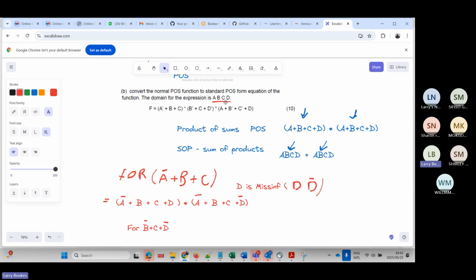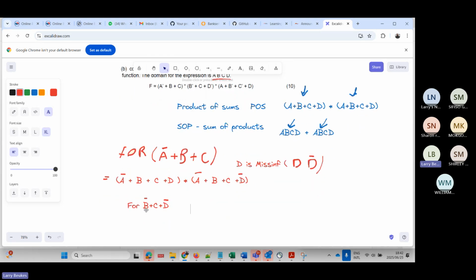Remember our domain expression is ABCD. So we know that A is missing, but we have two possibilities for A, which is A and A naught.